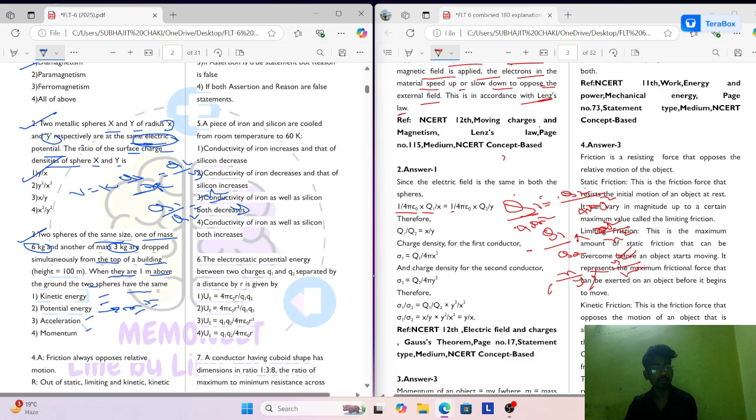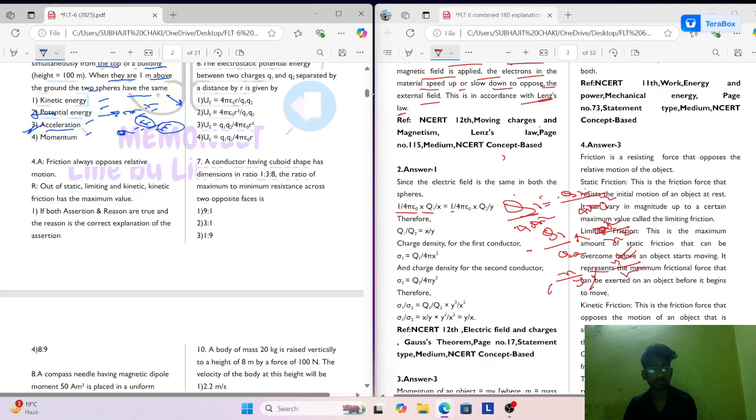Acceleration is given by a equals f by m, but whenever an object is in vertical motion with no external force applied, its acceleration is always equal to the gravitational acceleration. So acceleration will be the same. Therefore option number 3 is the correct option.